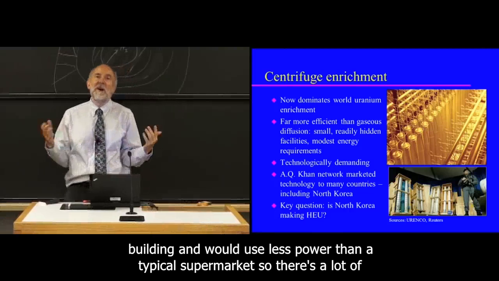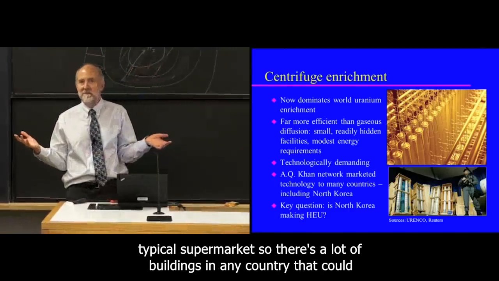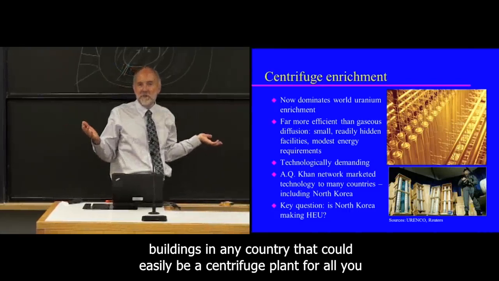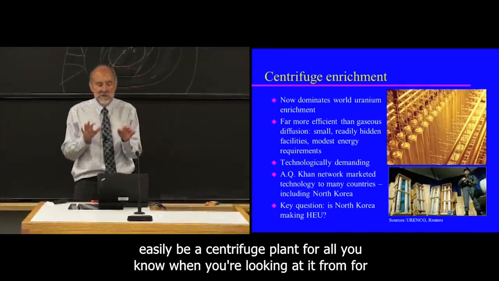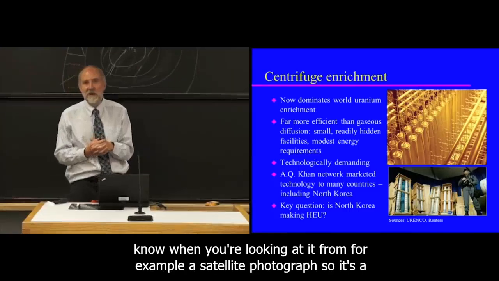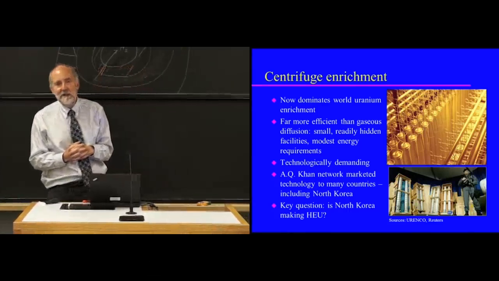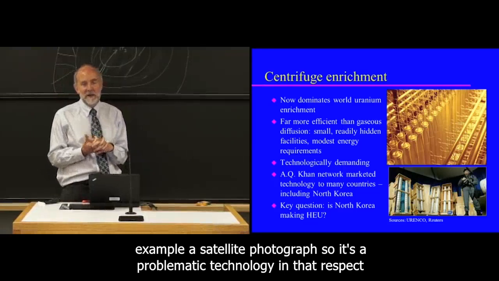So there's a lot of buildings in any country that could easily be a centrifuge plant, for all you know, when you're looking at it from, for example, a satellite photograph. So it's a problematic technology in that respect.